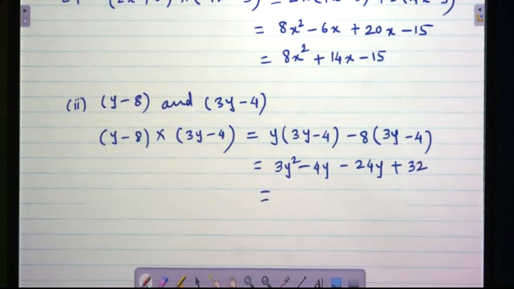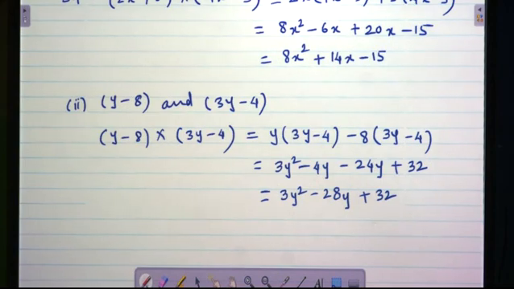Now, like terms are what? Minus 4y minus 24y. So 3y square minus 28y plus 32. This is the answer of the second sum.